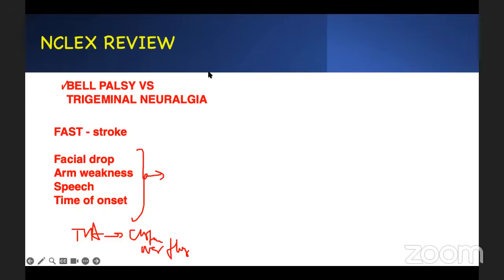Now, both of these diseases are cranial nerve problems. So you have to know your cranial nerves, 1, 2, 3, 4, 5, 6, 7, up to 12, what each of them does and what their function is. Bell Palsy is mostly cranial nerve 7.